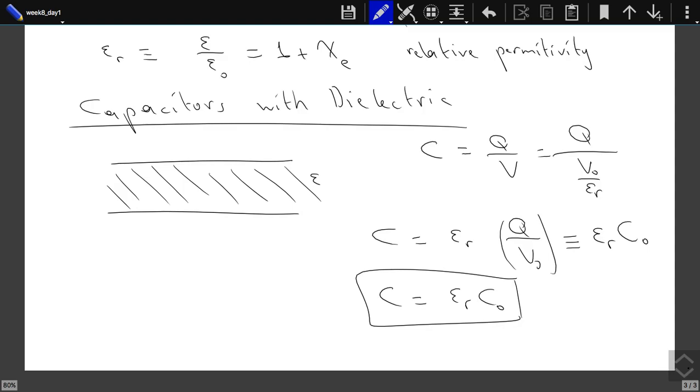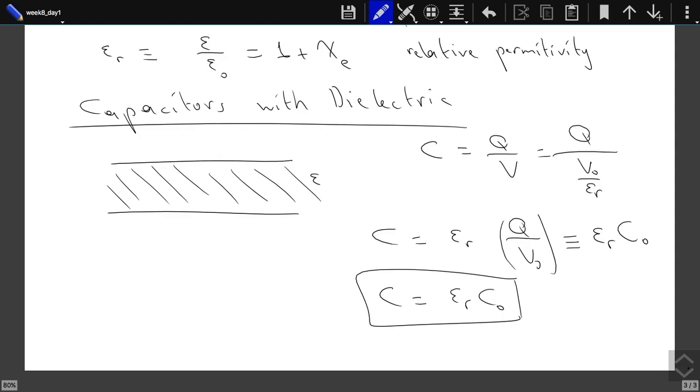I didn't put any dielectric here. The previous one was infinite, but this one is not. Infinite in all directions. And only in that case, I can say that the electric field just looks like the electric field created by only the free charges, with the only modification that epsilon 0 should be replaced by epsilon. This is true only if I have, let's say, an infinite system.